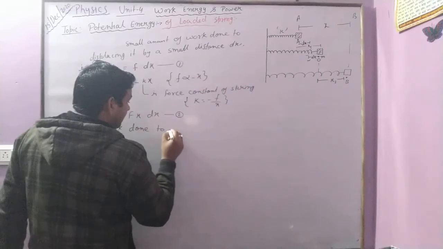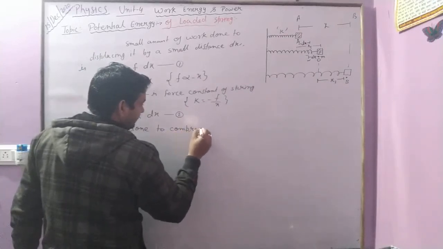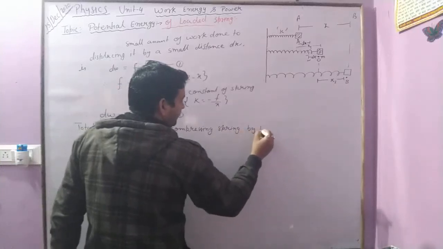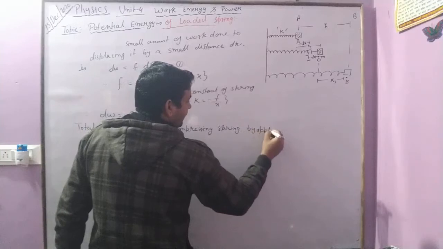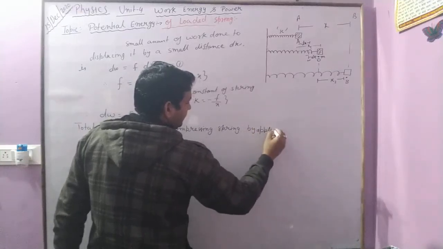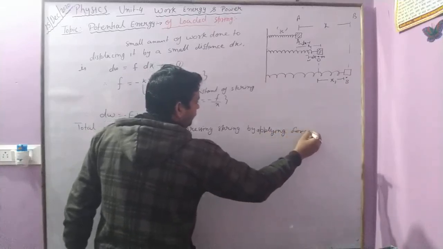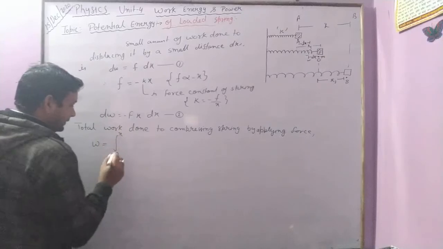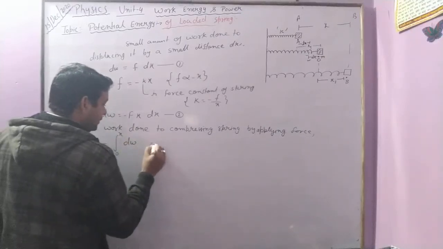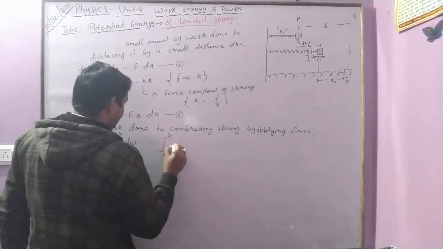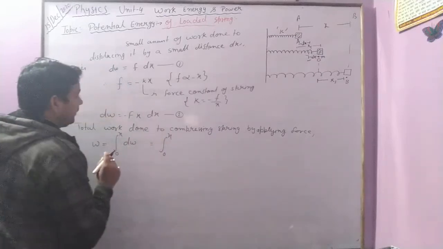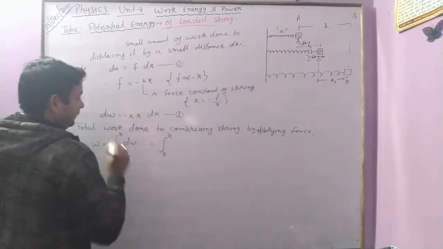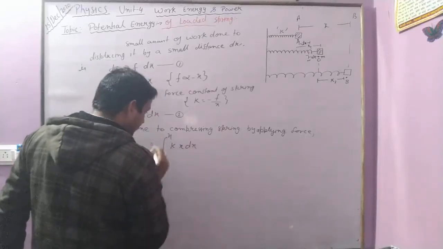Now, total work done to compress the spring by applying force is W is equal to integration from 0 to x of dW, which is equal to integration from 0 to x of Kx dx.